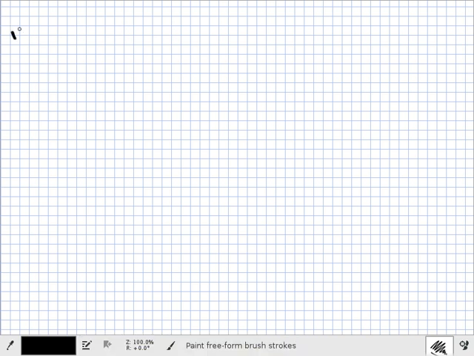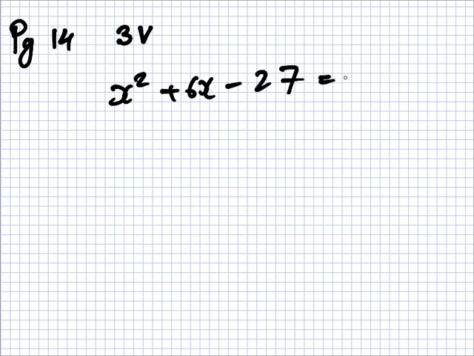Only because I'm so curious, I'll do this one now before we start, okay? So, listen, what page is this now? Page 14, 3B. Okay, 3B. X squared plus 6x minus 27 equals... No guys, I need you to be quiet now.